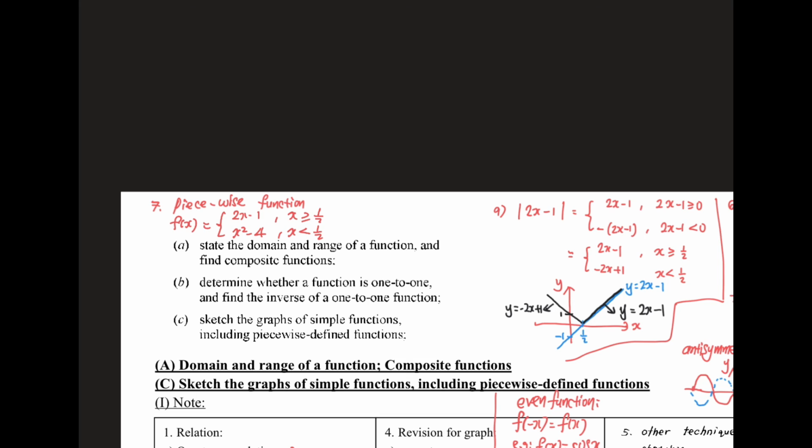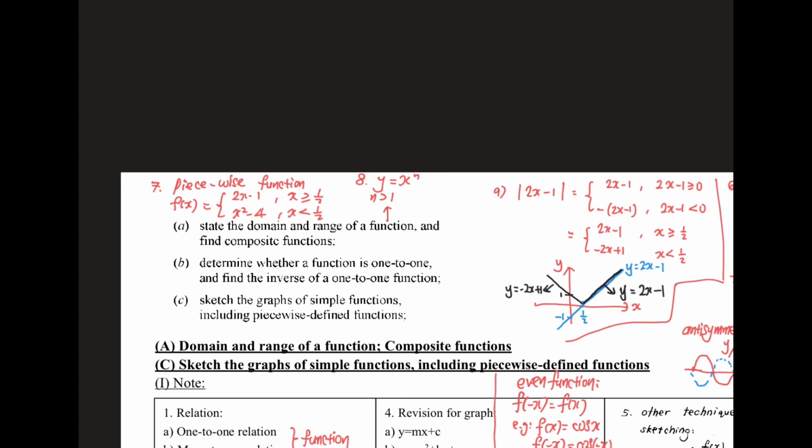Okay, and one more thing to add here. How to sketch y equal to x to the power of n in general. So in general, if n is greater than 1, we sketch the graph in this way.